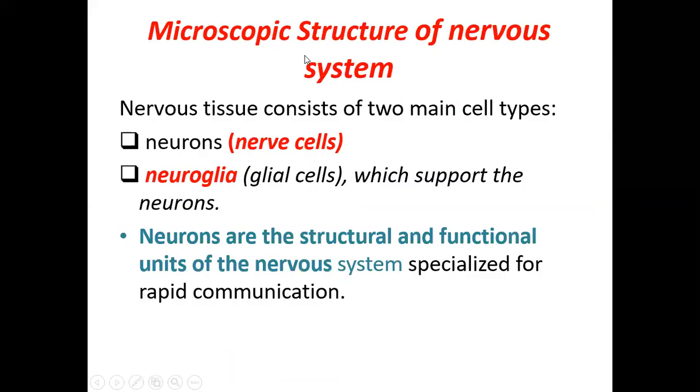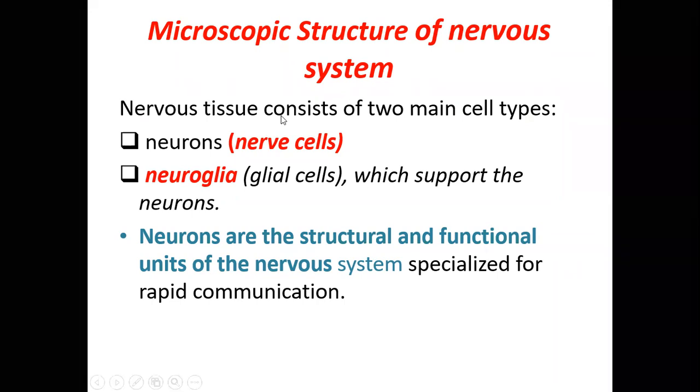Okay. Now, if you study the nervous system histologically through the microscope, the microscopic structure of the nervous system, how does it look? If you take a very small piece of the central nervous system and see under the microscope, what do you see? The nervous tissue consists of two main types of cells.